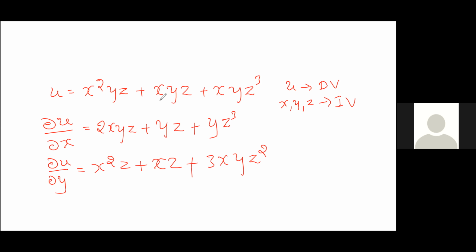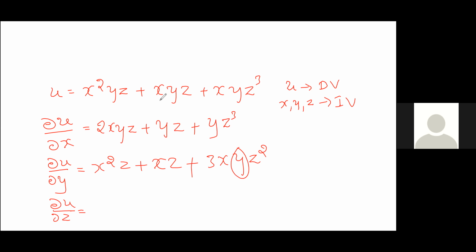Yes, sir. So now dou u by dou z. It's 3xz square. Okay, 3xz square.